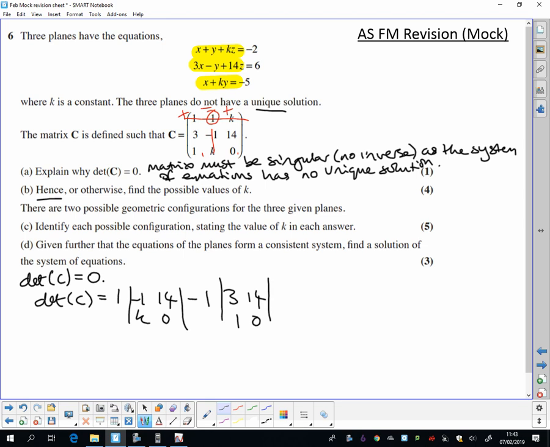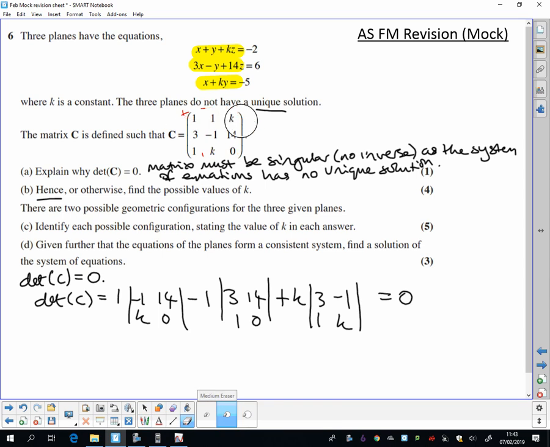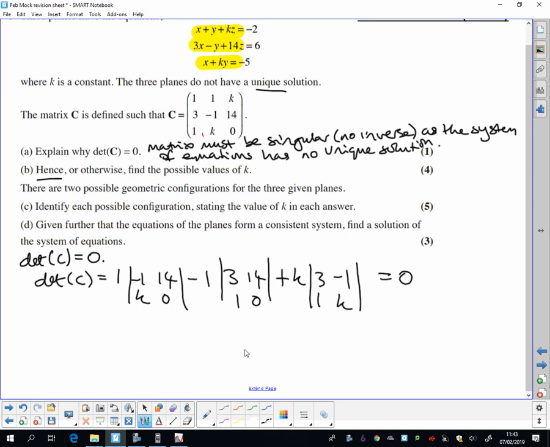Move along. The next one is k, and this is going to be back to plus. Now you would cross out the row and column k's in and do the determinant of whatever's left. And all of that is going to be equal to 0. Okay, so now I go along and work this out.